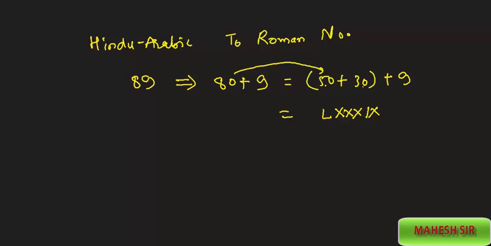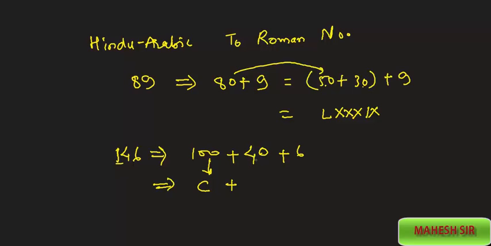Now one more example. 146. So 146 is 100 plus 40 plus 6. Here 100 is standing for number C. This 40 is nothing but 50 minus 10, and this 6 is standing for VI.